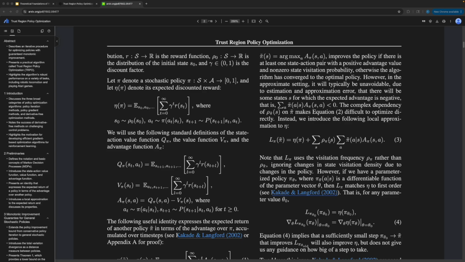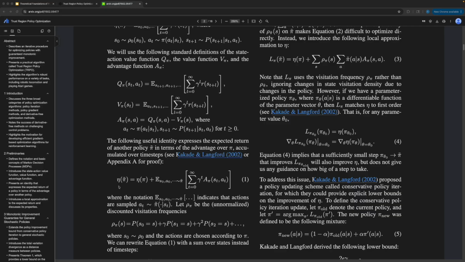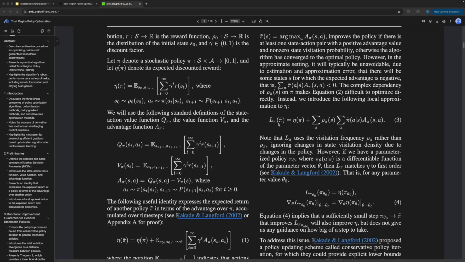So you could try to collect samples from your existing policy and try to improve it to get your new policy. And this approximation, instead of eta of pi tilde, is replaced by a surrogate function L pi of pi tilde.